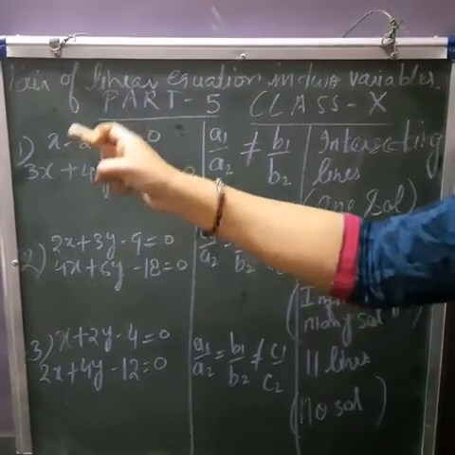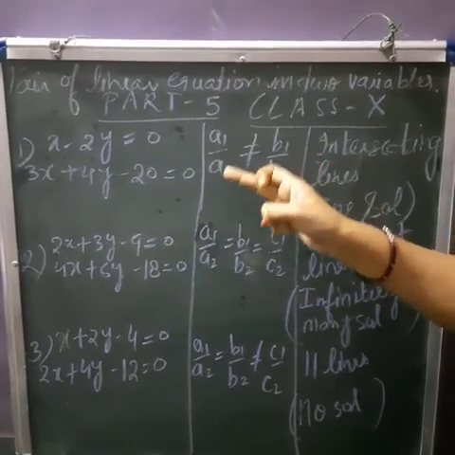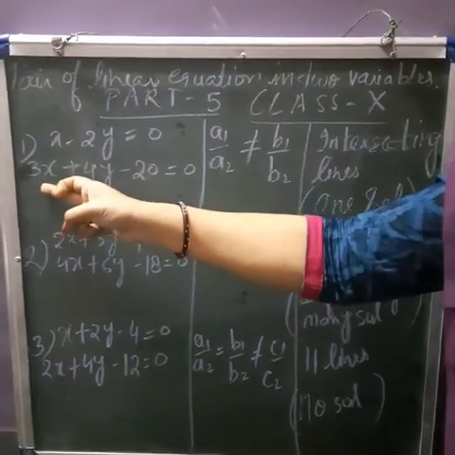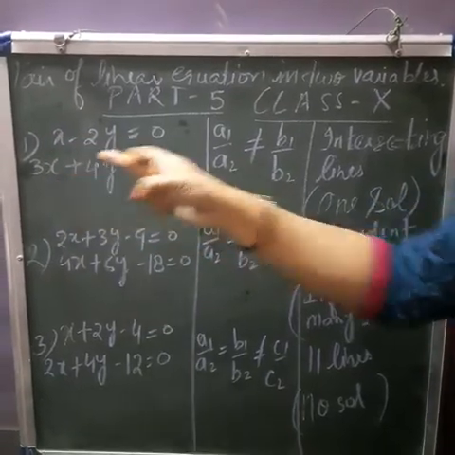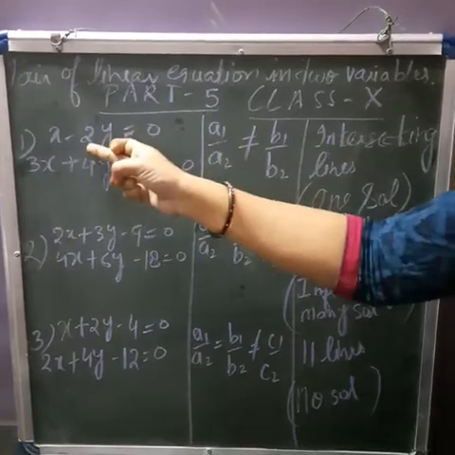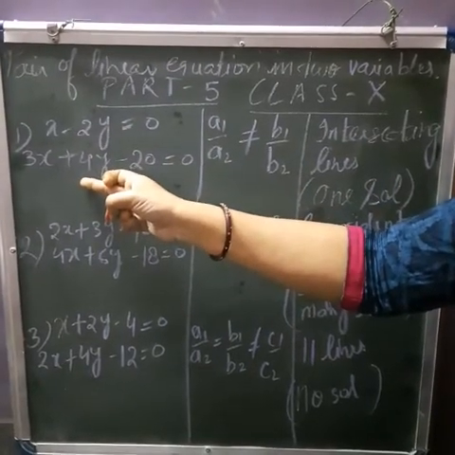What is the value of a1 upon a2? 1 upon 3 will be coming from these equations, and you will compare it with b1 upon b2. b1 upon b2 will be 1 upon minus 2.